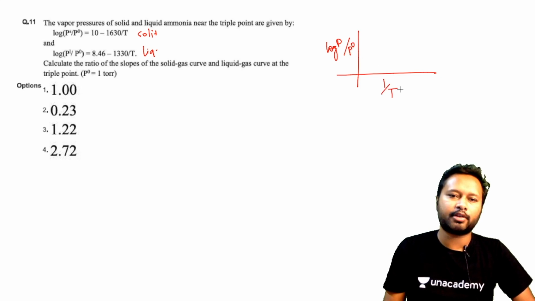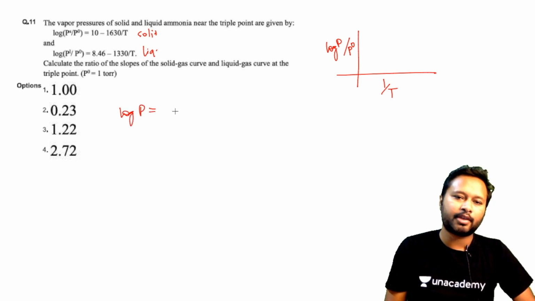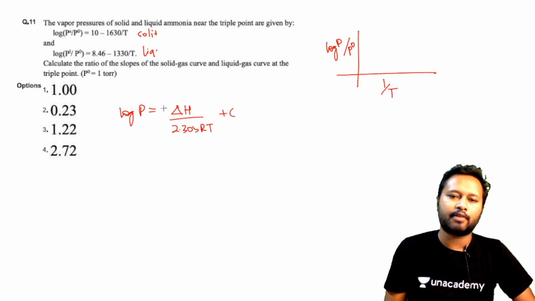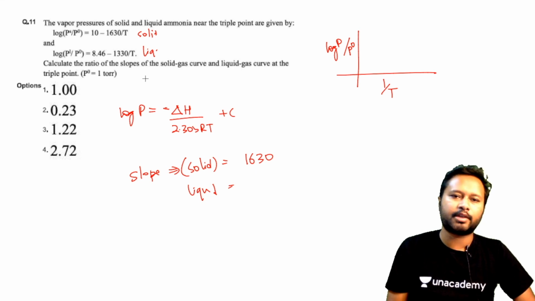That's how we plot the graph, and the equation which we are actually using here is log p is equal to minus delta H divided by 2.303 RT plus C. Okay, that's the equation which we have. Now if you compare both of these, you will get the slope for solid as 1630, and the slope for liquid, I'm just taking the value from the equation, will be 1330.